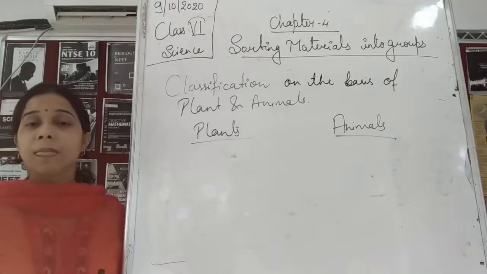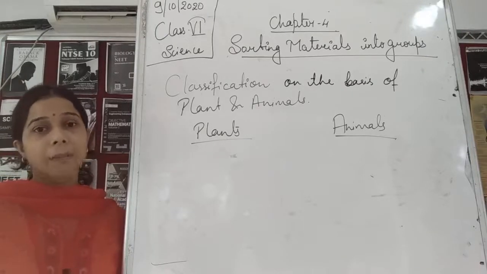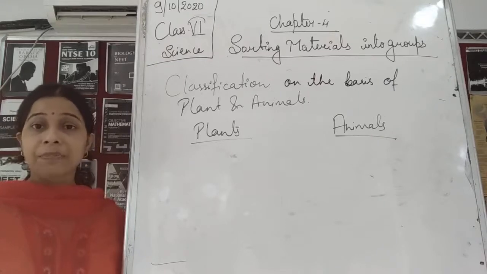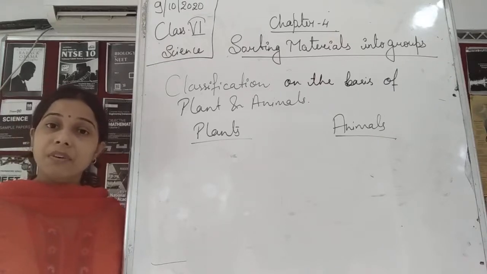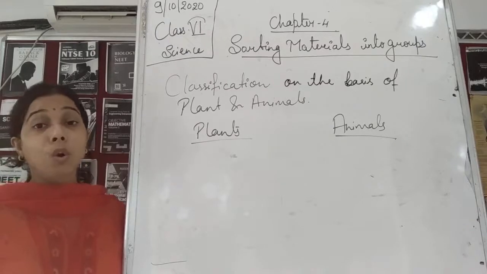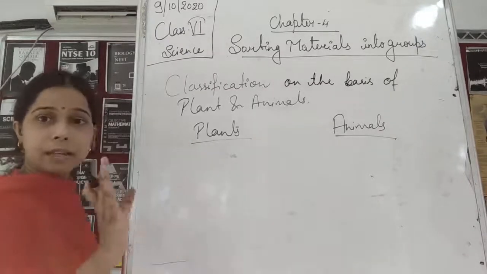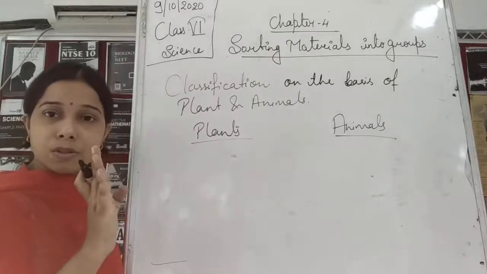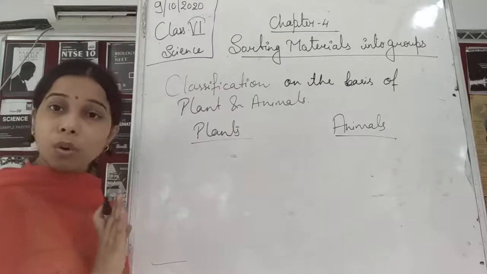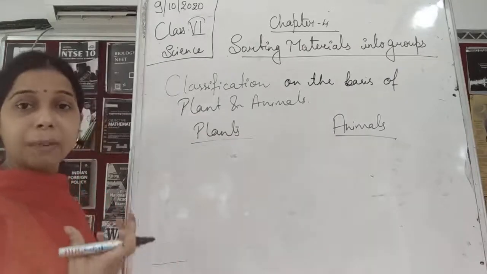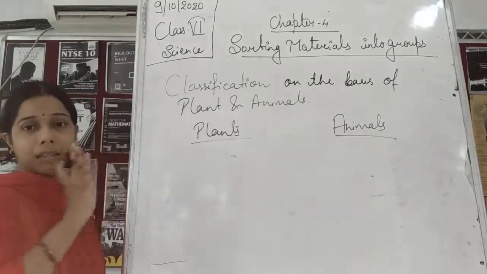The shape and size of the plants and that of the animals is totally different. Then they also differ in that plants do not locomote. Movement is there. It means the stem and the branches move, but no locomotion occurs. It means they do not change place from one place to another.